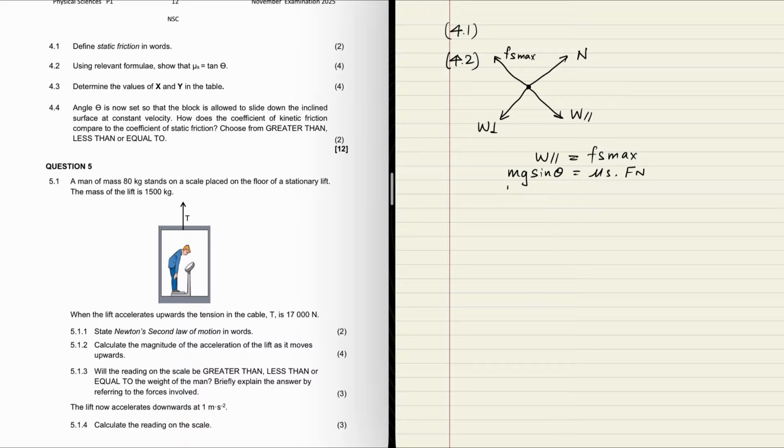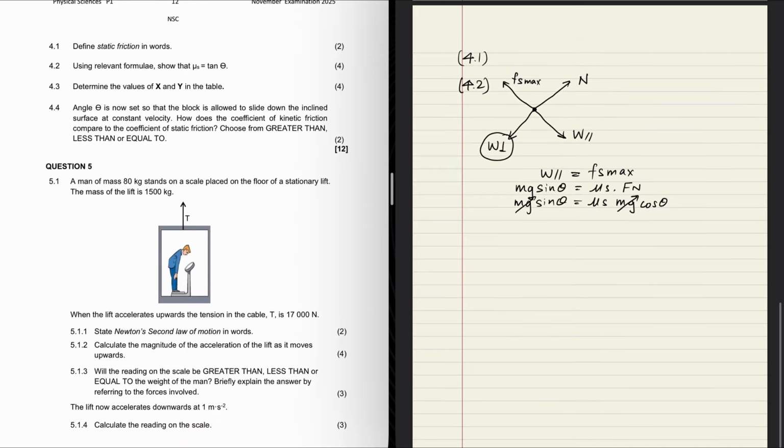Now we'll continue here. We've got mg sine theta is equal to mu s, and the normal force is equal to W perpendicular, and W perpendicular is mg cos theta. Now I can divide both sides by mg, so mg will disappear.